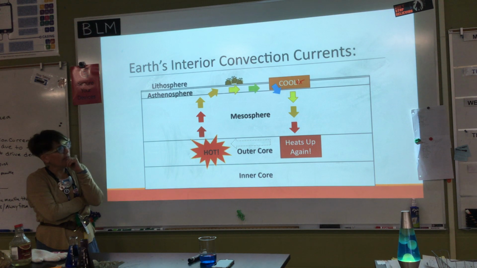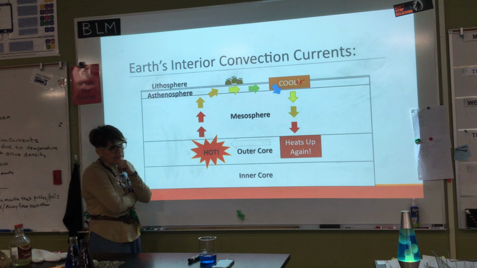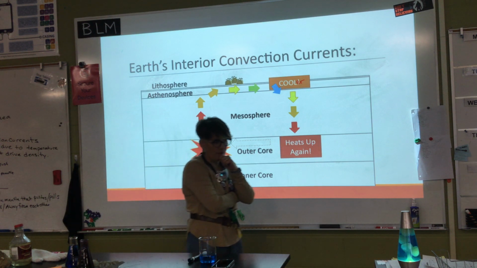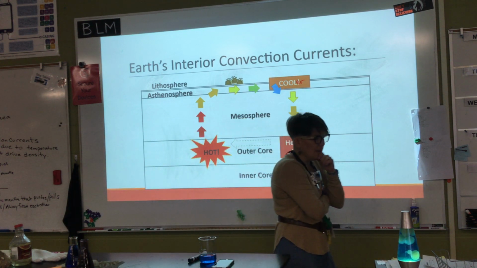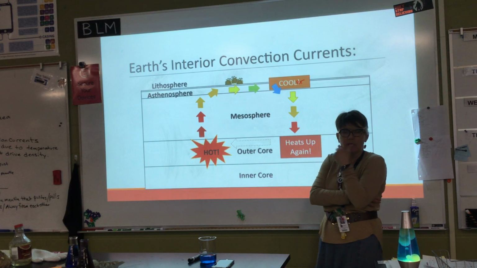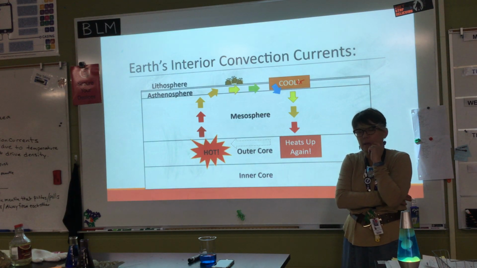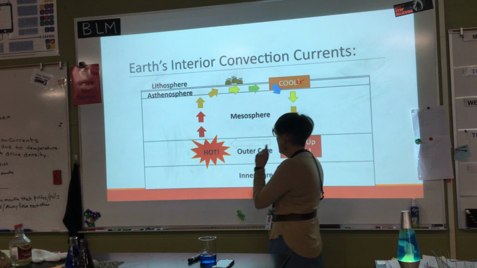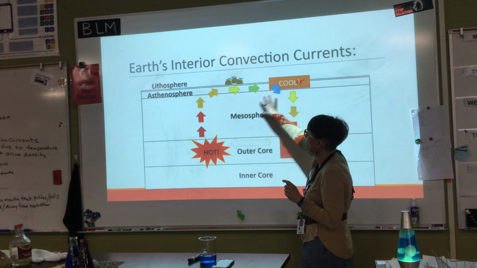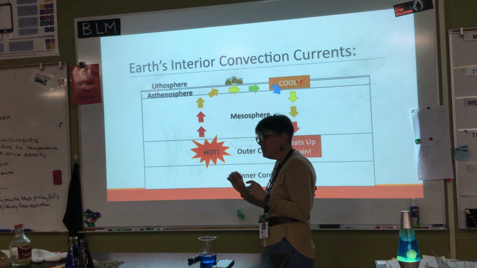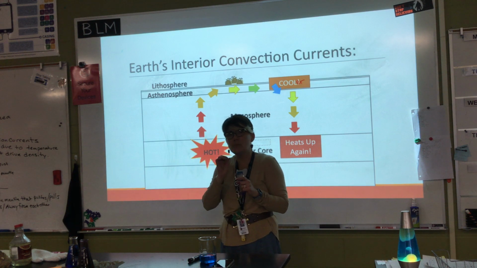So we're going to go ahead today and look at an ancient supercontinent that a scientist named Alfred Wegener hypothesized happened 250 million years ago. He didn't know any of this stuff that was going on below the surface, but he found evidence that showed the crust had been moving.